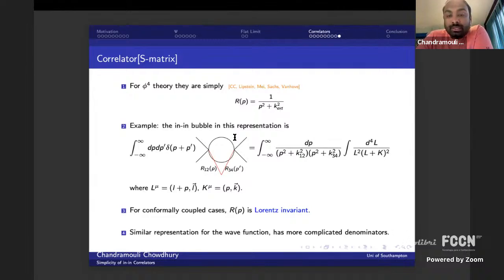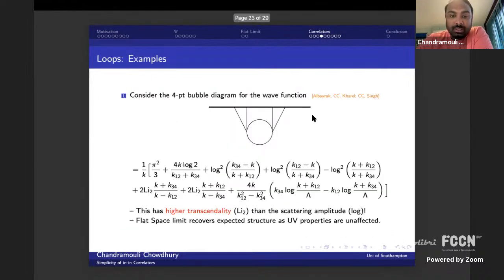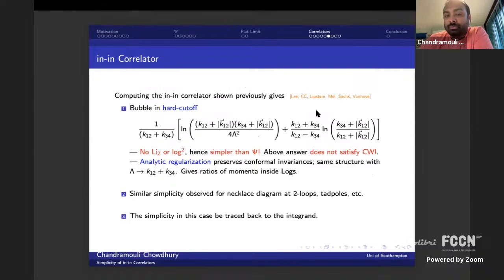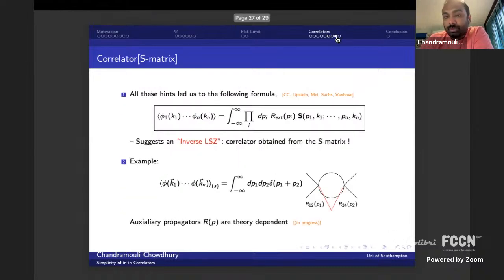So you take your flat space bubble diagram, which is the integral d^4L over L squared times (L plus K) squared, and you attach these two auxiliary propagators, R of P and R of P prime. Then you integrate out P prime by the delta function, and it looks like this. Evaluating this integral gives the expression that I showed you before, which is just a simple log.